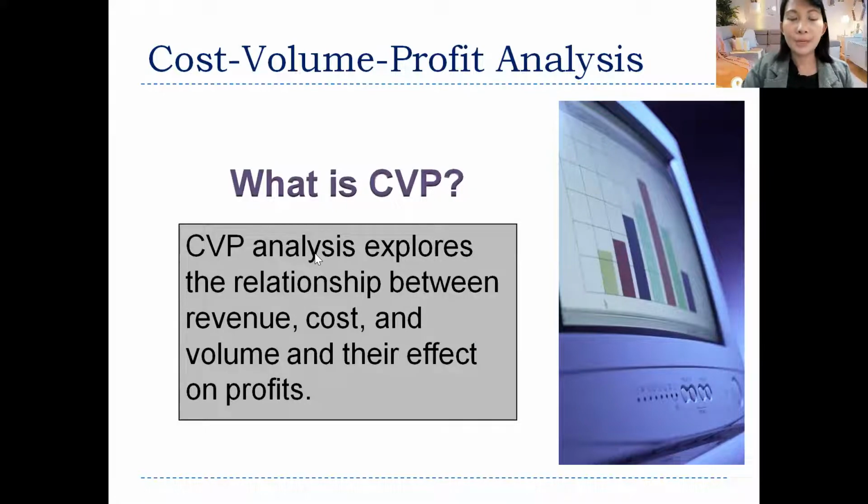CVP stands for cost volume profit analysis. CVP analyzes and explores the relationship between revenue, cost, and volume, and their effect on profits.